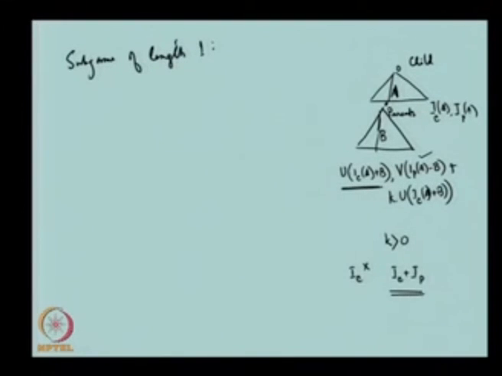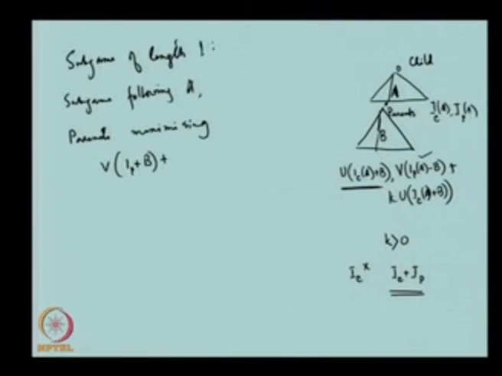So we are talking about the subgame following A. In this subgame, the parents are maximizing their payoff. So they are maximizing this function with respect to B. B is the variable that they have control over.